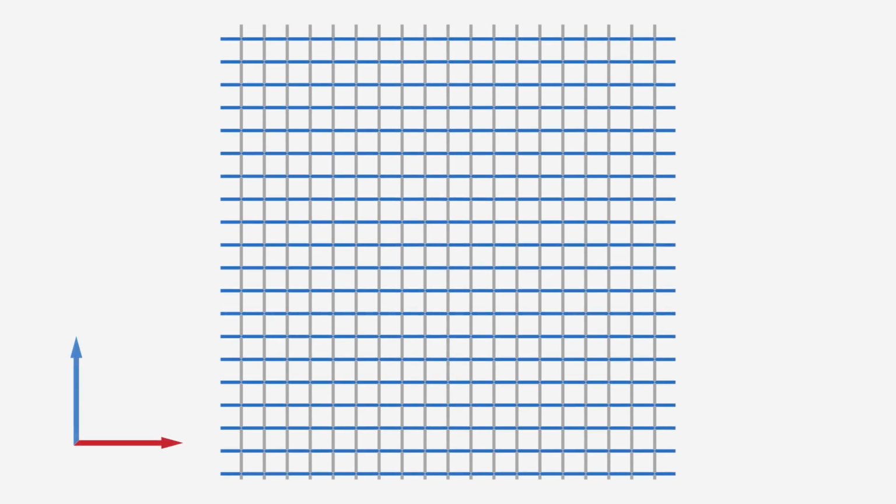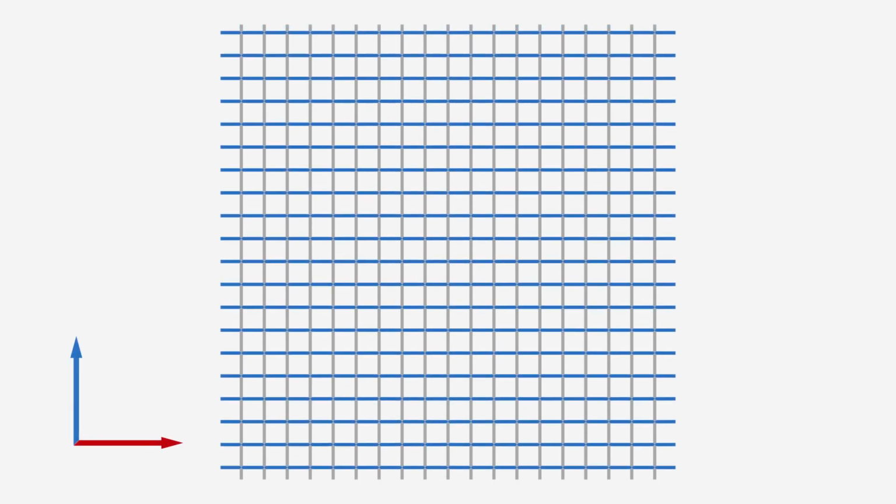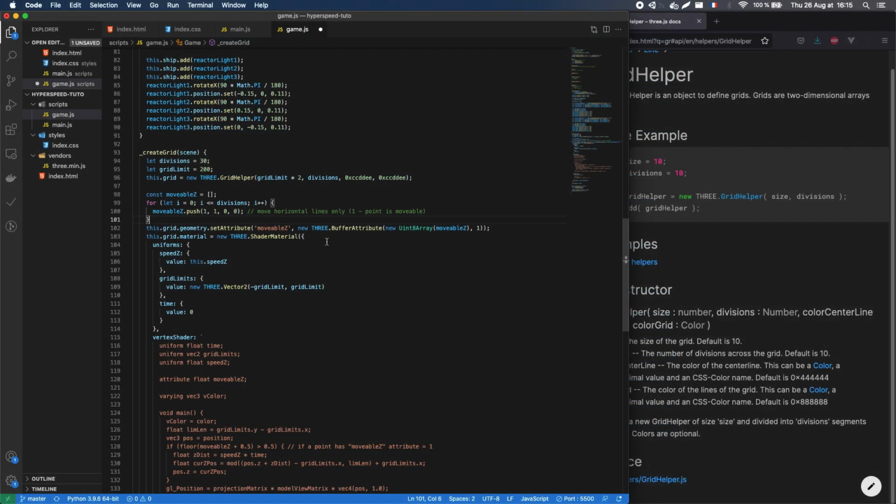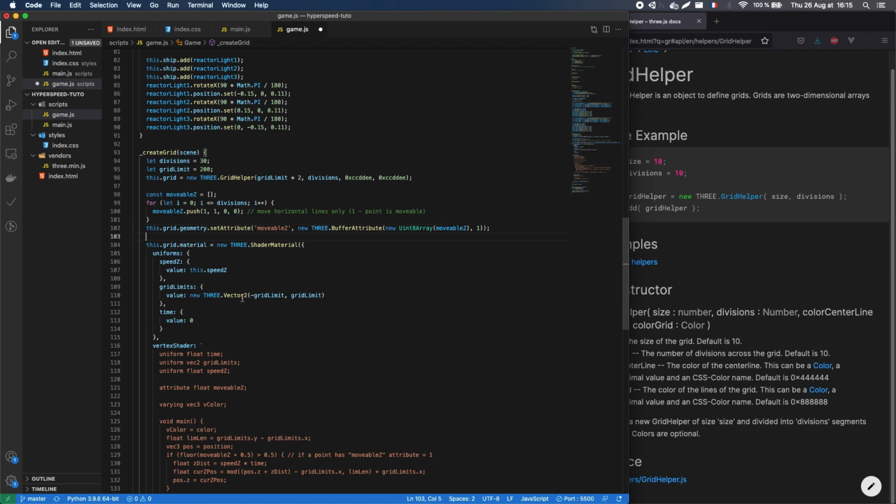Basically, this will distinguish between the horizontal and the vertical lines so that our animation that is coded in the shader only impacts the horizontal lines of the grid, and we feel like it's moving in this one direction. And so because we stored it with the set attribute in a buffer attribute, we'll be able to access this info in our shader code later on to only move the right vertices. Okay, so let's dive into the shader now.